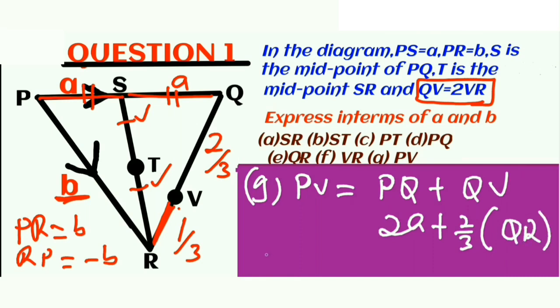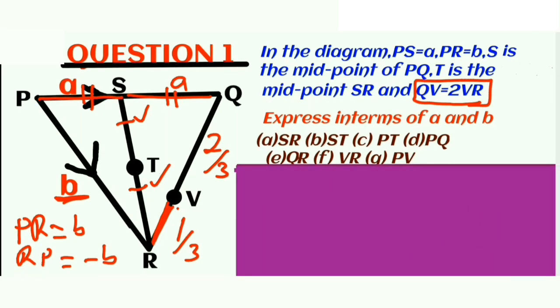So equals 2A plus 2/3 of QR, which equals B minus 2A. Then you have to remove the bracket by 2/3. So equals 2A plus 2/3 times B, which equals 2/3 B minus 4/3 A.